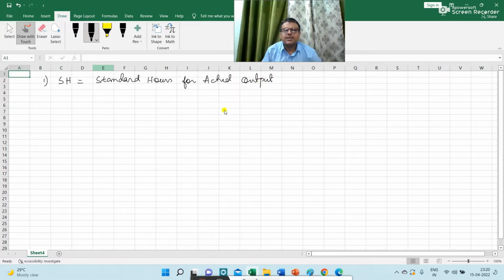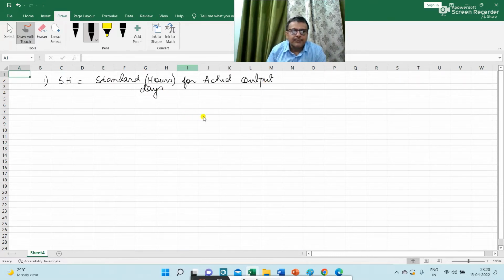A very interesting part of the question is that the hours are not given, rather they have mentioned the days. If you consider that each day has 8 hours, then it can be converted to number of hours. But since the number of days is given, we are calculating the standard days for actual output. So in place of hours I am writing standard days for actual output.